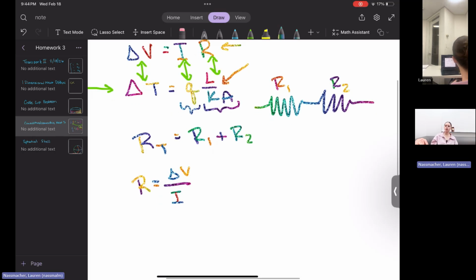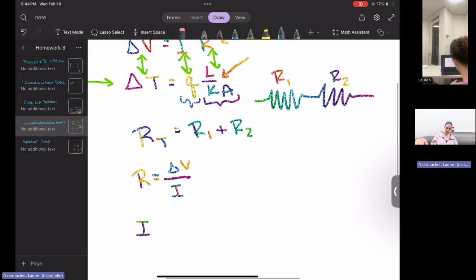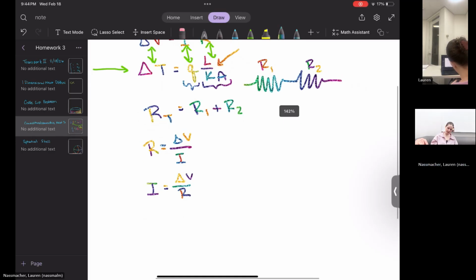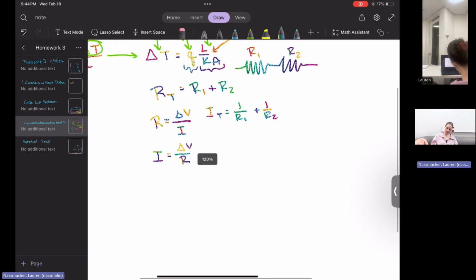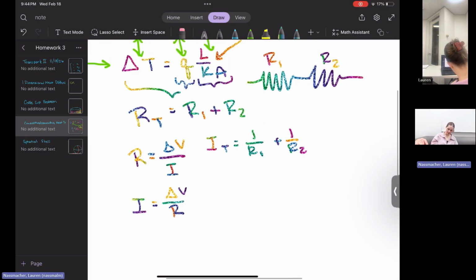So let's think about this in terms of current. Well, current is the change in voltage divided by resistance. And that means that the total current must be the inverse of the resistances added together. And we can use this with this equation.